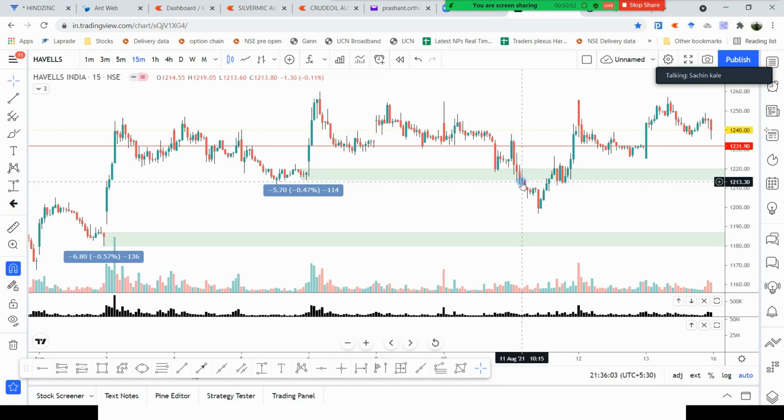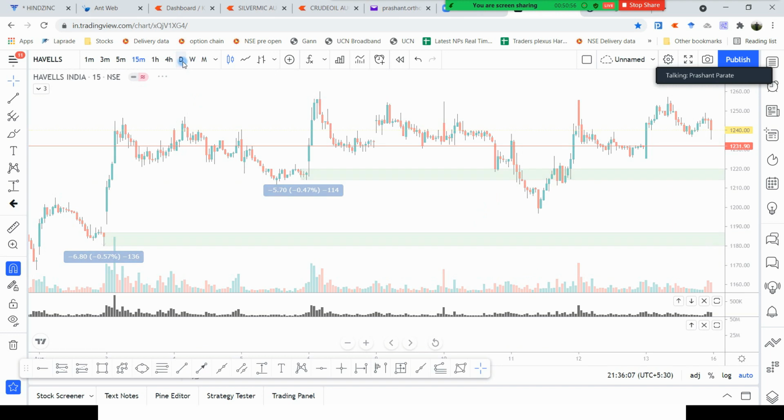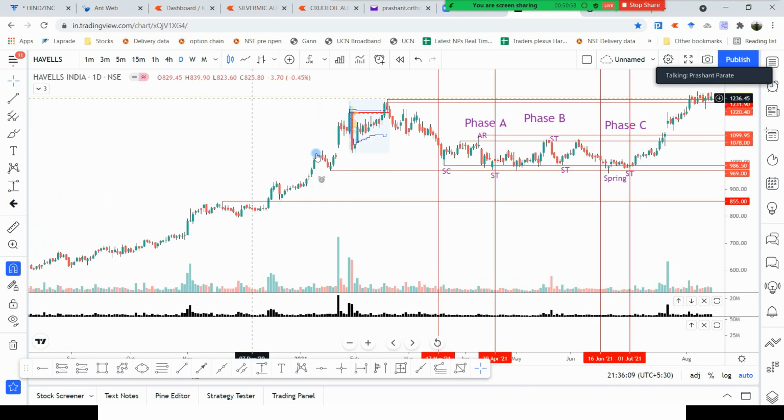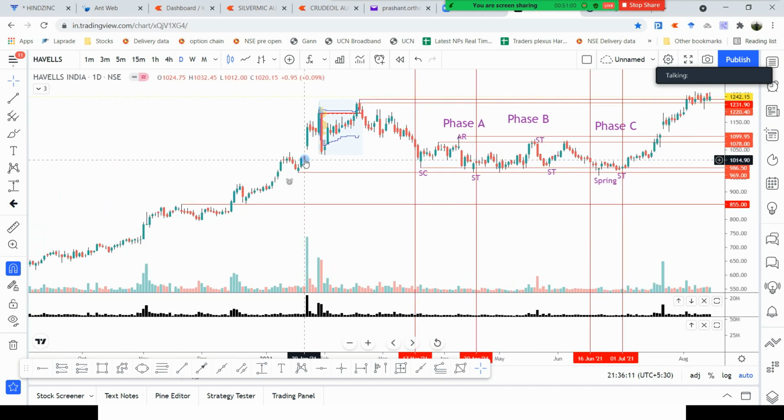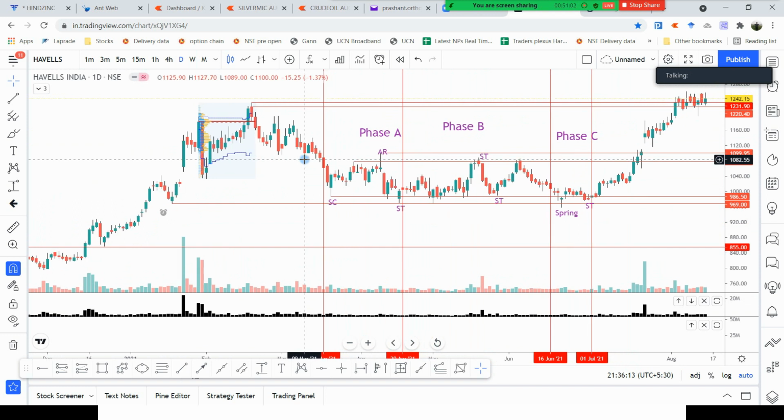I think it was Havells, right? Yes, yes. So it was the Havells chart on daily time frame. Spring is basically stop loss hunting.